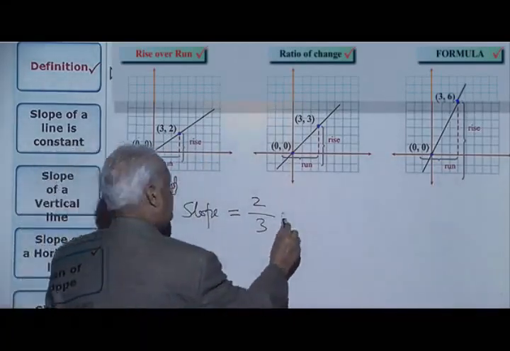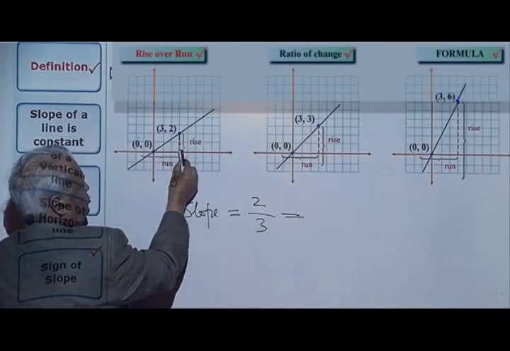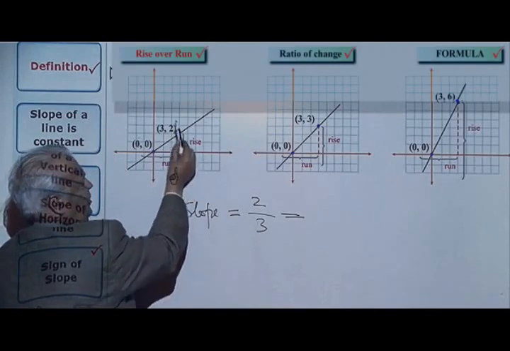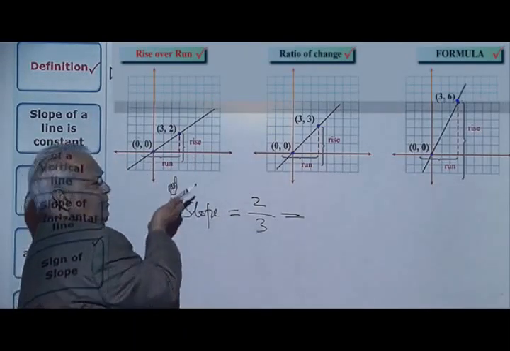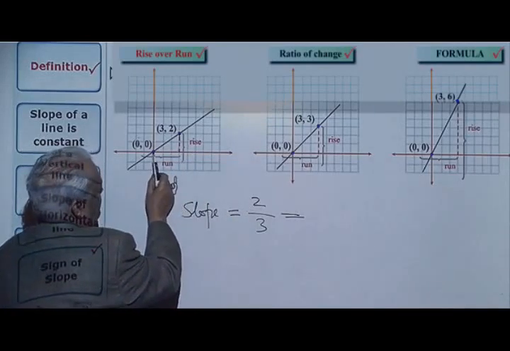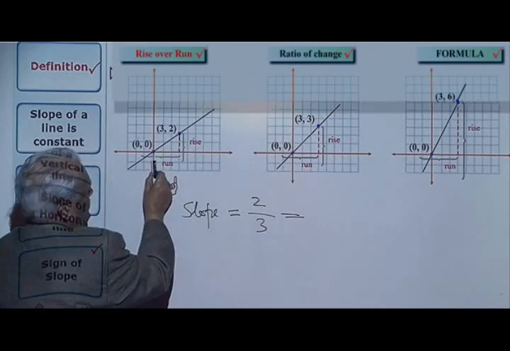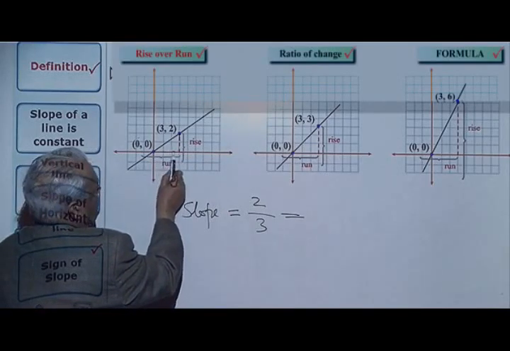Let us see why it is called rise over run. This is 1, this is 2. This is 2 units away from the origin. That means its rise from the horizontal is 2 units. And its run from here is 1, 2, and 3.